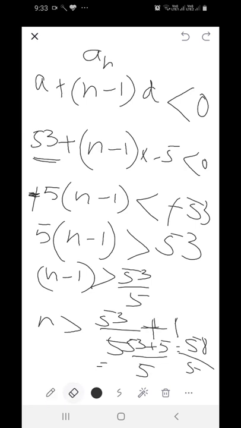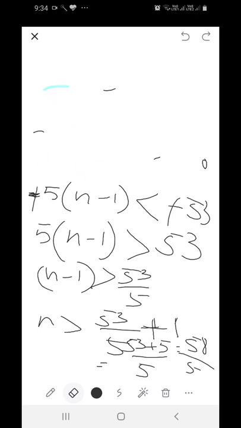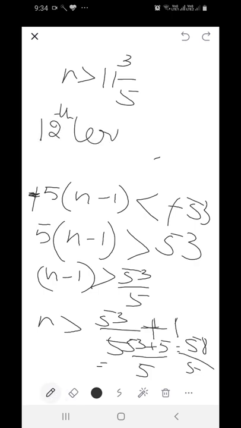And 58 upon 5, when you change it into a mixed fraction, the value of n will be greater than 11 whole 3 upon 5. And the nearest value which is greater than 11 whole 3 upon 5 is 12. So it means the 12th term is the first negative term.